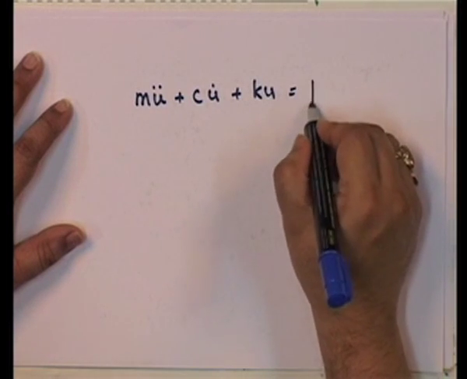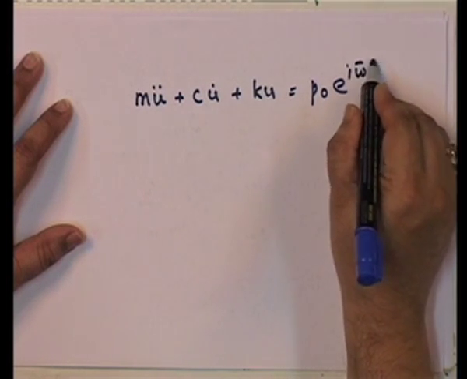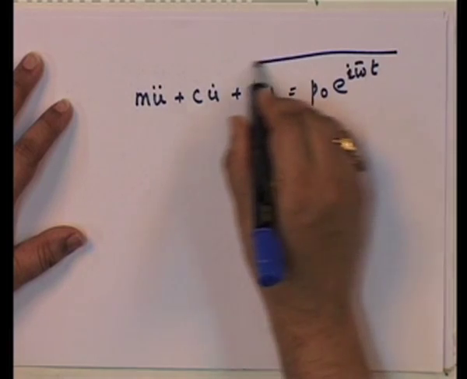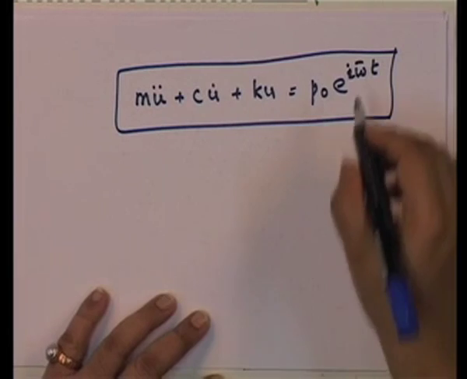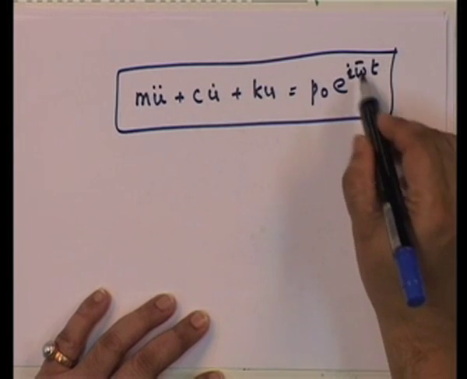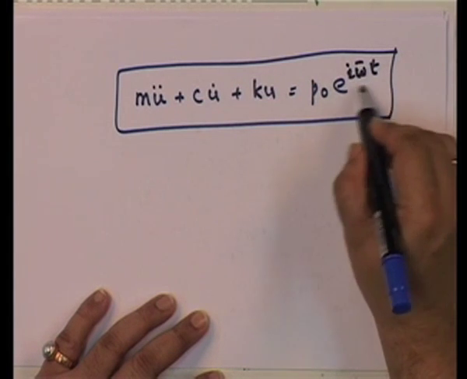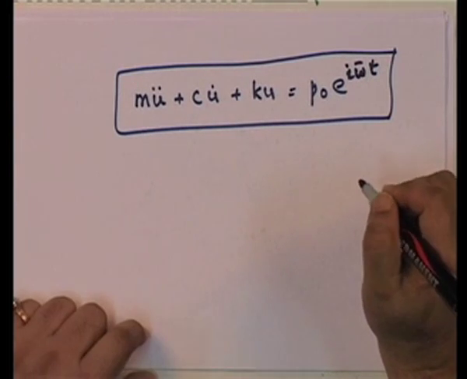The reason why I am introducing this over here is the following. This is also a harmonic load. This is a simple harmonic motion. The only thing is that it is complex. Okay. So, how do I solve this problem?